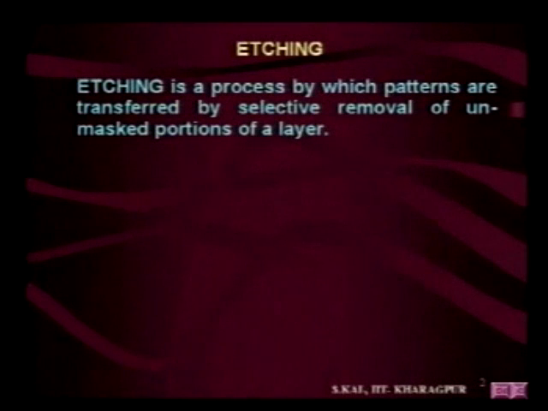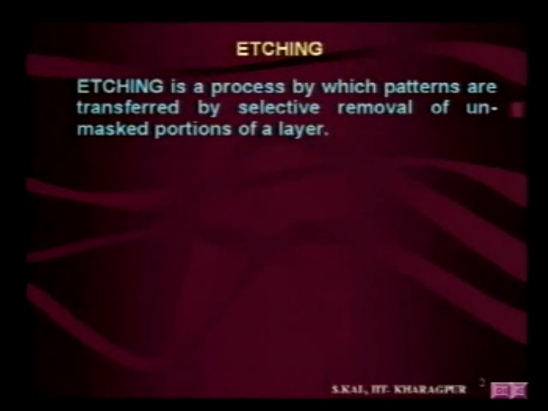So that means the unmasked region will be etched by etching solution. And what is the masking layer here? That is the photoresist. Photoresist is a protective layer. So those regions which are covered by the photoresist will not be etched.